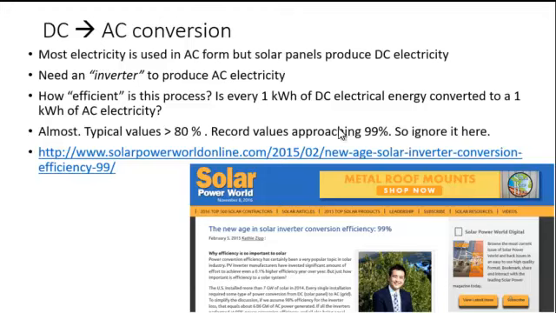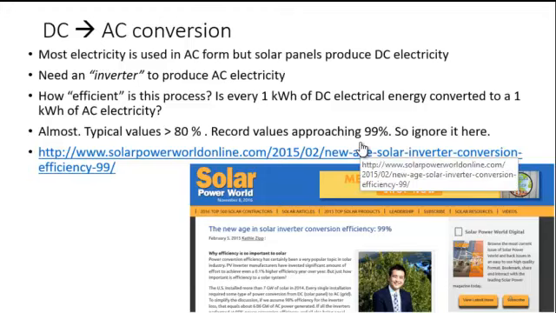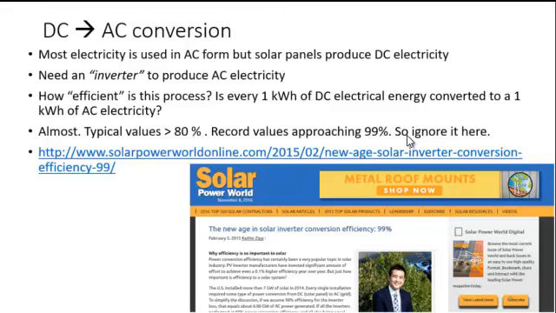We are now closing in on 99% efficiency for some of those things. So it's something that we don't really need to worry too much about, because it looks like we don't lose too much energy in the process of DC to AC conversion. And this is an article that I just found that talks about a 99% efficient solar panel.